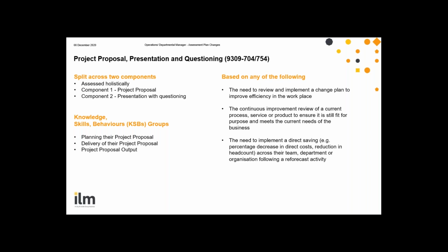As for the previous assessment method, the knowledge, skills and behaviors have been distributed into KSB groups, and the groups assessed by this method are planning their project proposal, delivery of their project proposal, and project proposal output.